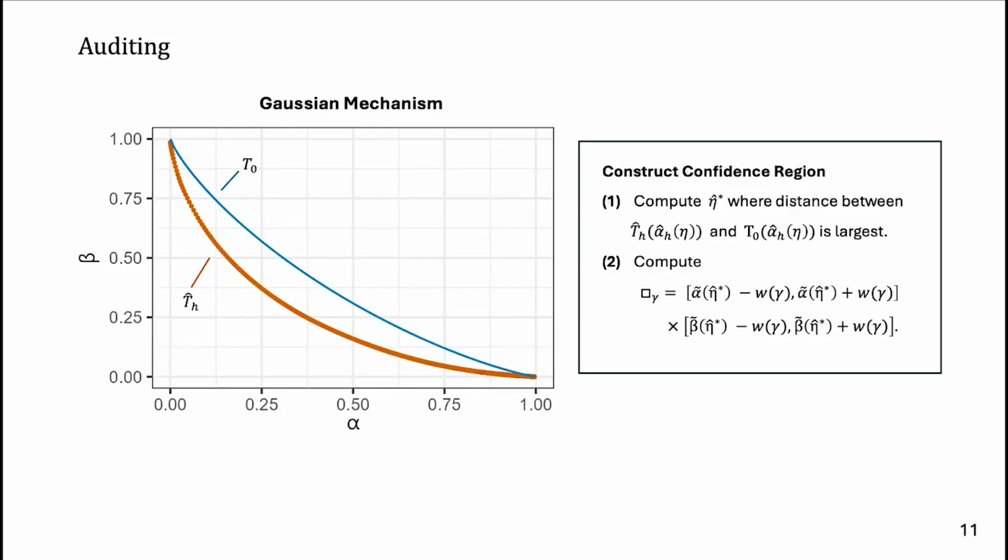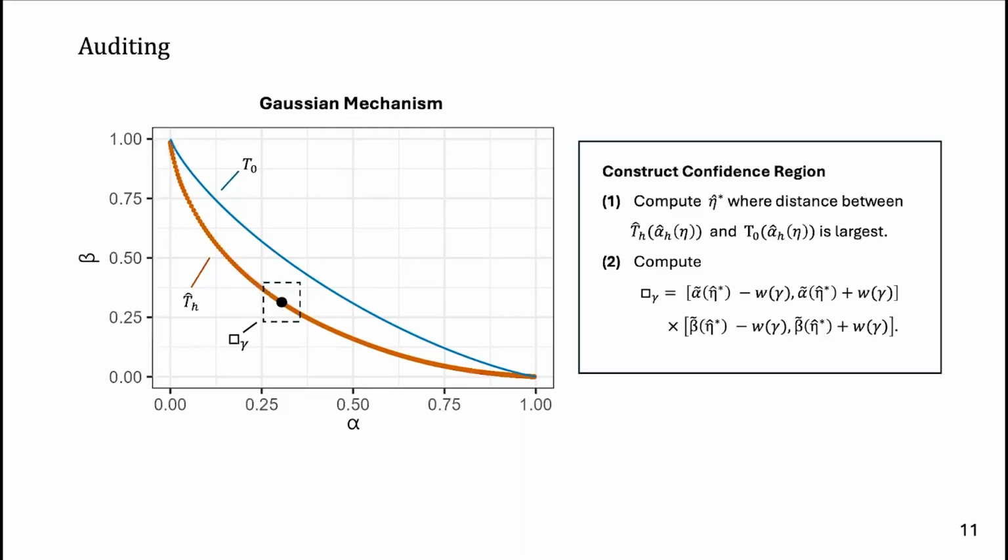To construct this confidence region, we first identify the point where the distance between our estimate and our privacy claim is largest. We then use the confidence intervals from before to construct a confidence region around that point. And this constellation of privacy claim and confidence region already points at a privacy violation with high probability.